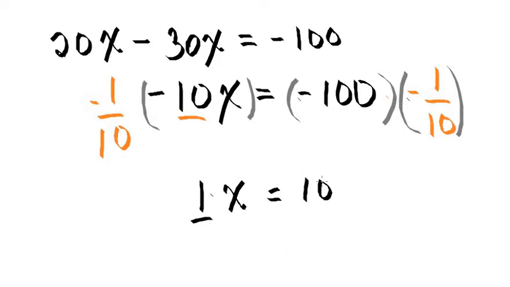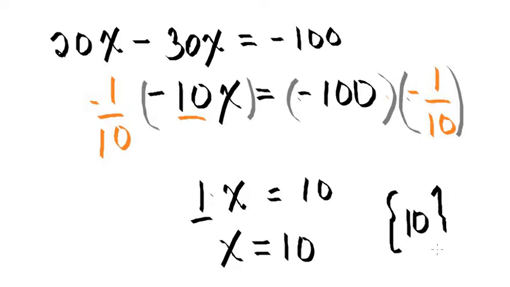Now remember, we don't write this with a coefficient of 1. We always drop that. So as you can see, our solution to the equation is 10, and we're writing it here in the solution set with the curly brackets. We can always check our work by taking that 10 and plugging it back in to our original equation for x.